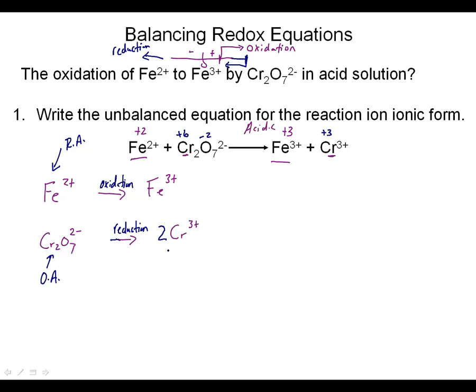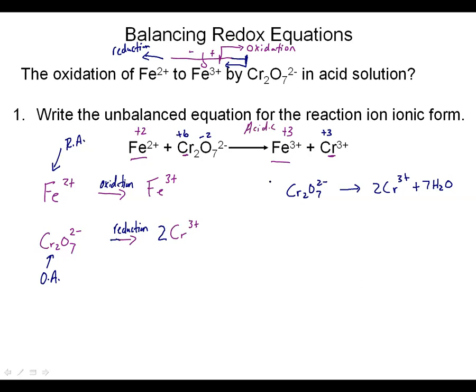At this point, we now want to balance the oxygen. In the top half reaction, there is no oxygen, so we don't have to worry about it. In the bottom half reaction, I'm just going to rewrite it over here. In this half reaction, we have 7 oxygens on the left, so to balance out the oxygens, we're going to add 7 waters to the right.